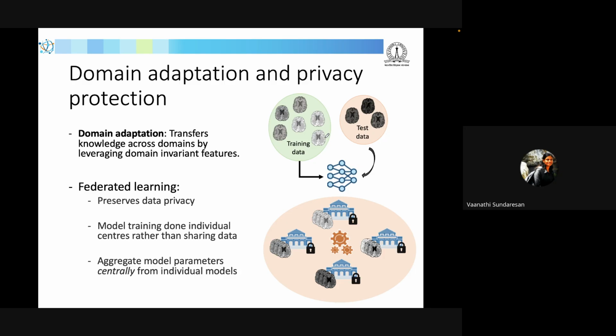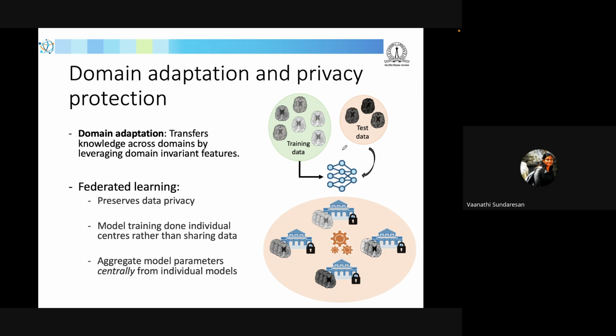Or, on the other hand, you make the model more robust. We don't want to combine data; we want to maintain data in the different domains, but we want the model to work well in all the domains. That is what we call domain adaptation. It transfers knowledge across domains by leveraging domain-invariant features and minimizing the domain shift.